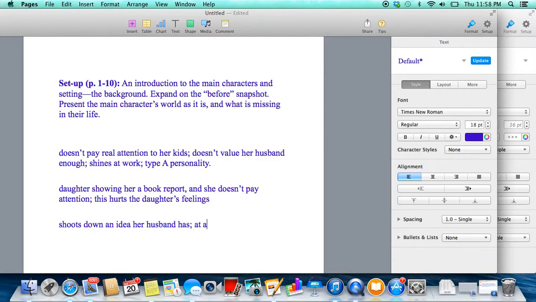Maybe at a party, she laughs at something he says in a dismissive way, and maybe she doesn't even notice she's doing this. The devil's in the details, just little things here.